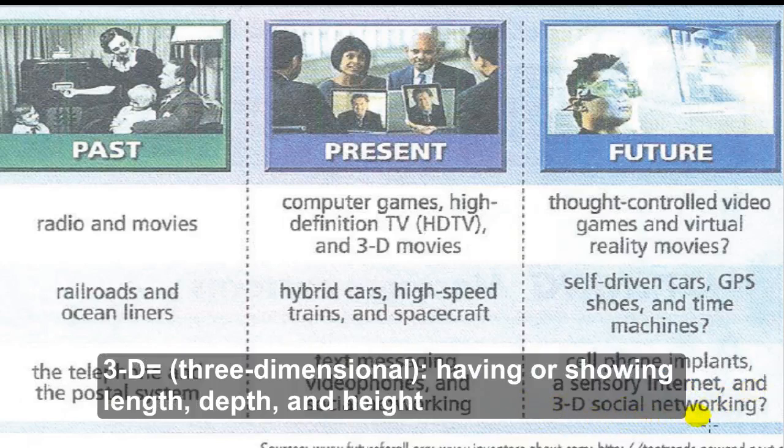With 3D social networking, you are going to talk to someone and a picture of the person will appear. It has the length, the height, the depth of the person, as if the person is talking to you in front of you, face to face. This is the future.